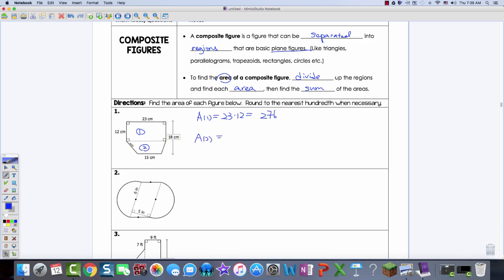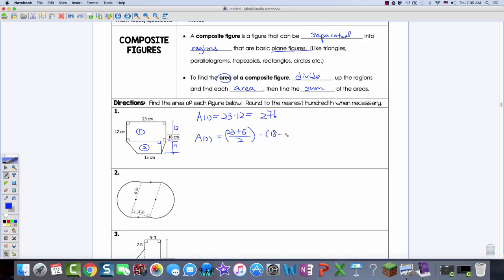Now let's find my second area. My second area is my top base plus my bottom base, 23 plus 15, divided by 2. I have my average base multiplied by my height. This height should be here, right? I don't have this height, but I can extend this over and find this blue segment, and I simply use 18 minus 12 because I know this part is 12.